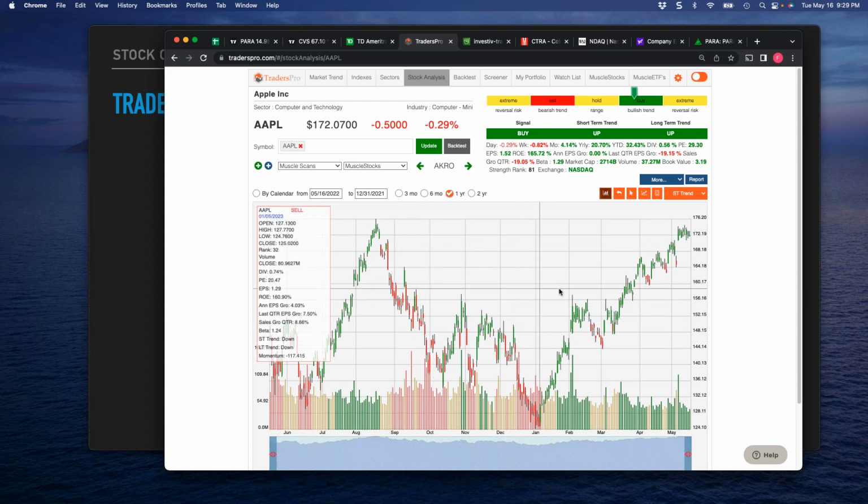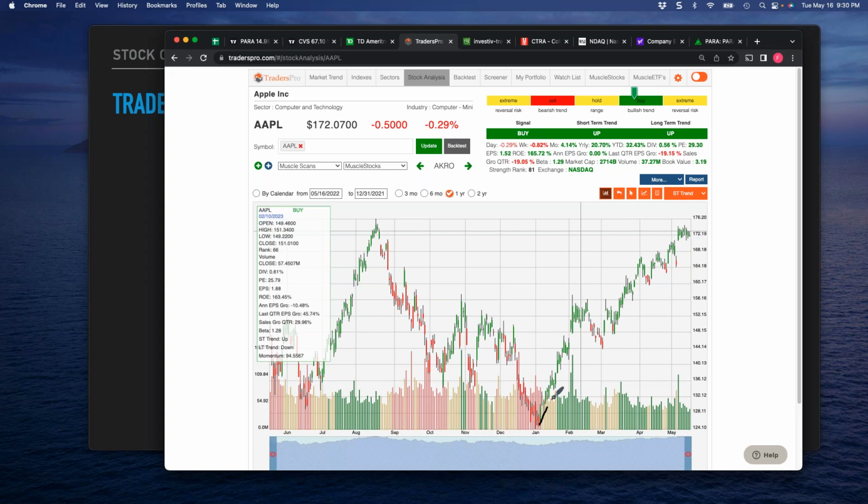The idea behind these ST trend signals is when you see the color change from green to red, if the stock has been trending up, let's suppose you bought Apple at the beginning of January. Let me straighten out this line a little bit, just a moment.